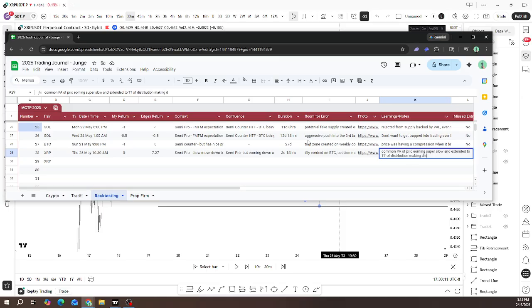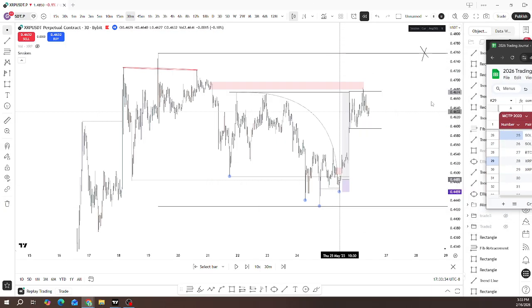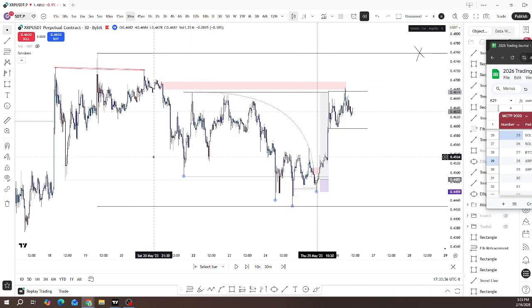making distribution return to zone look steep in comparison to the new accumulation range return to zone. Yeah, it's definitely that price action where you have that steeper looking return to zone here.